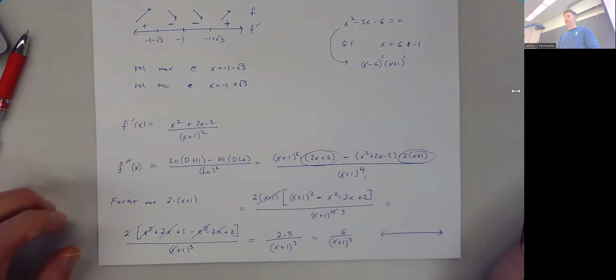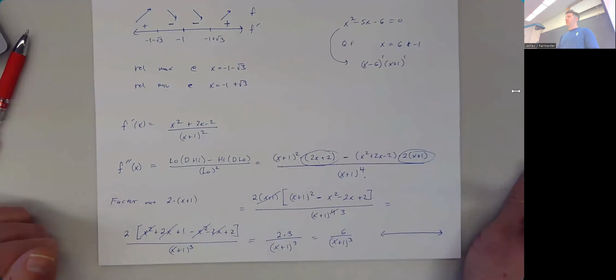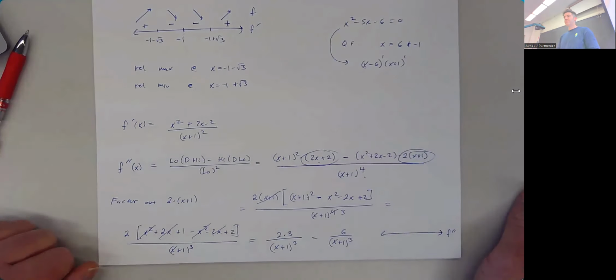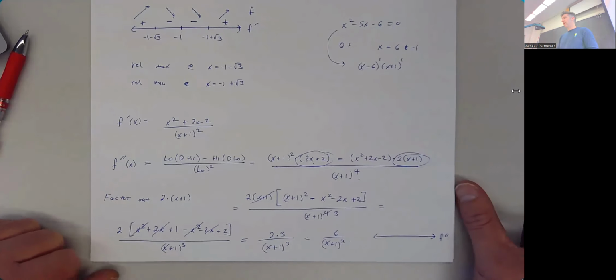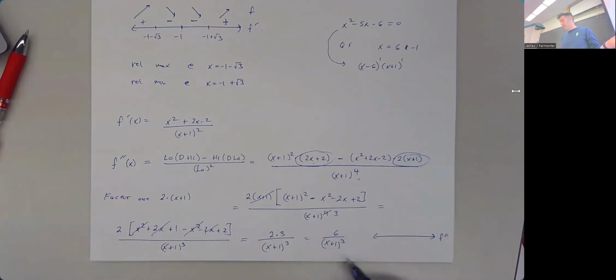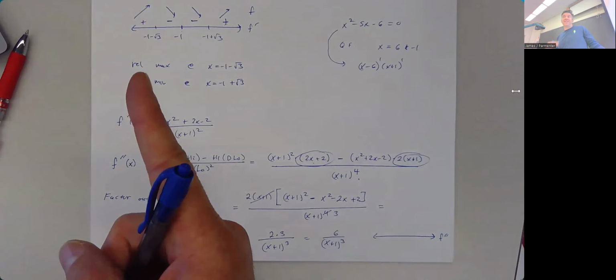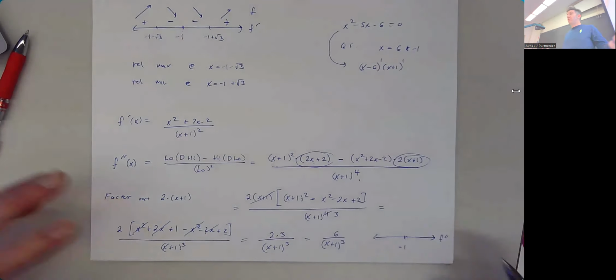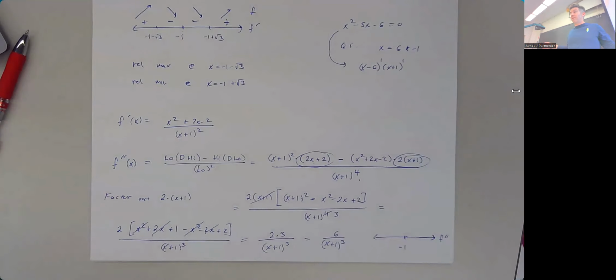So what's the only point we're going to put on the number line for our second derivative? Everybody. What's the only value we're getting? If we set this either equal to 0 or undefined, what's the only number we're getting? Almost. -1. Thank you. But we know it's not going to be an inflection point because it was already a vertical asymptote.